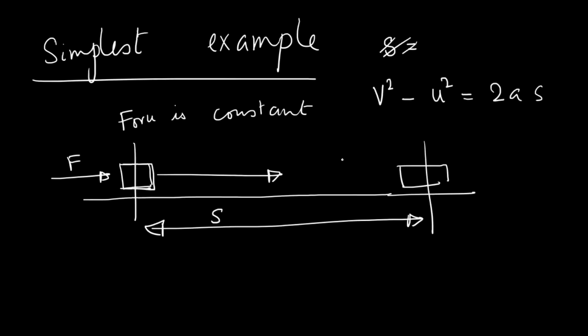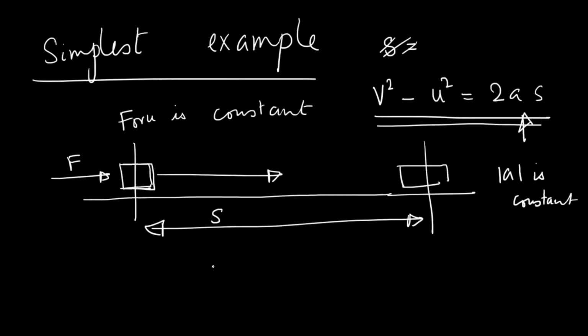Mind you, force is constant, straight line, so the magnitude a is constant throughout the motion. So we can write this. This is one of the kinematic equations that are true when acceleration is constant. We know the special condition under which this is true.